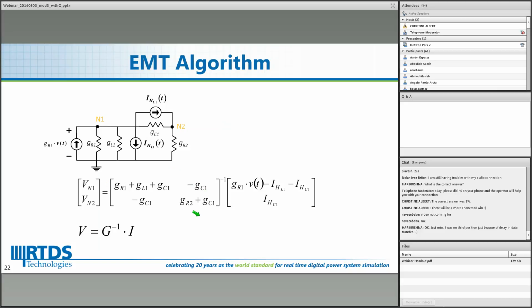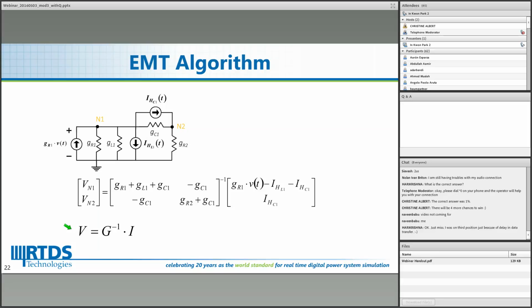Then we can build up the current injection vector, like this one. Then by doing this operation, G inverse multiplied by the current injection vector, we can get the node voltage. So this is the fundamental way of solving a circuit under the EMT technique, and this operation is usually called a network solution.